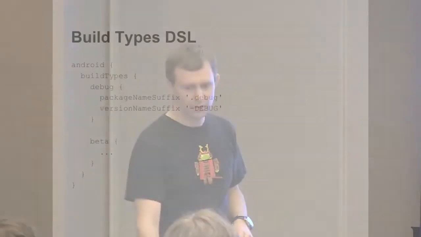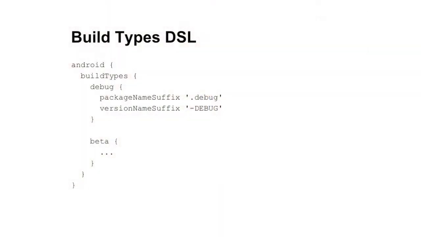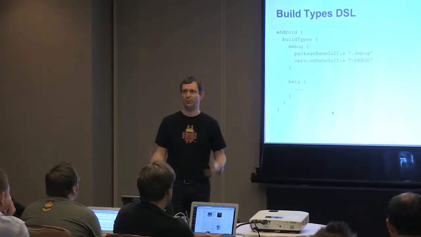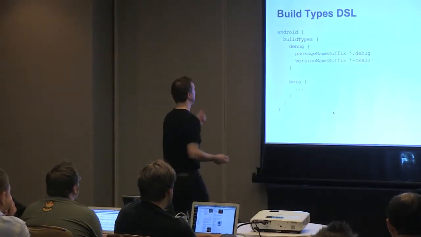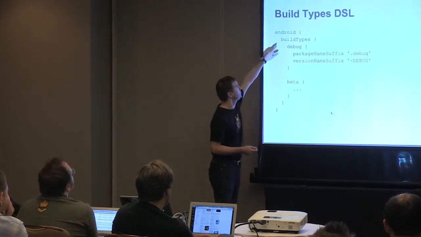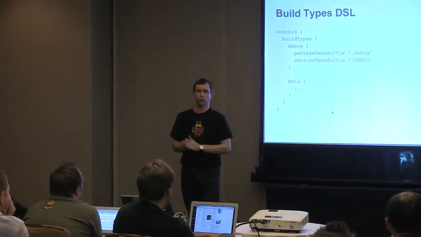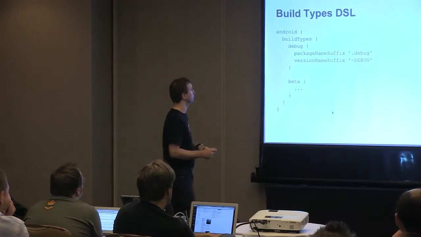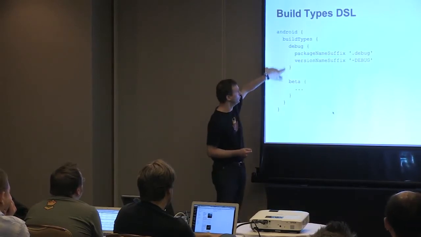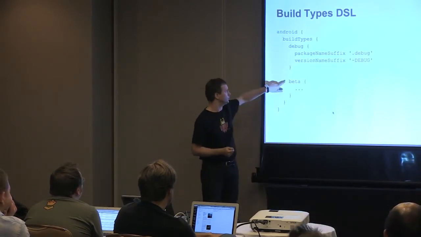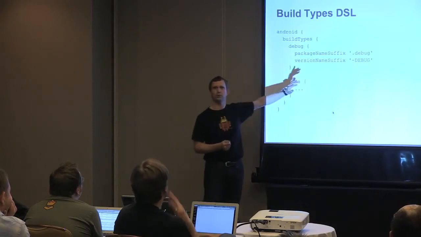We actually just released, during I/O last month, the ability to have beta or alpha versions through the Google Play Store. So hey, what if you want to have a custom build for that beta version? Through this DSL here, build types, that's a typical Gradle container, you can create, so here we are configuring the debug version, and then here we're just adding a new one and configuring it the way we want.